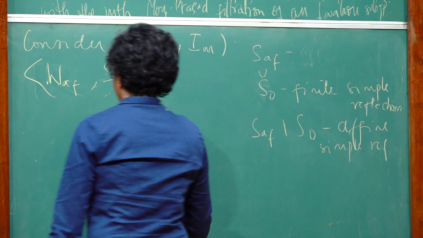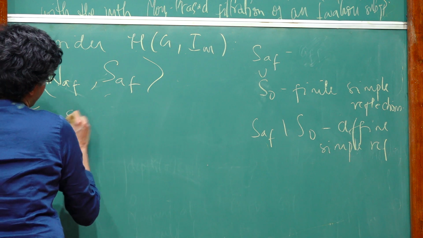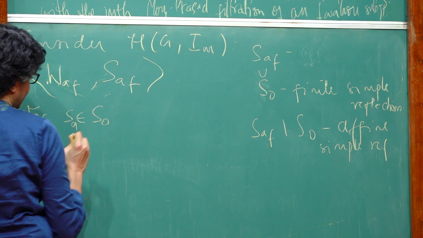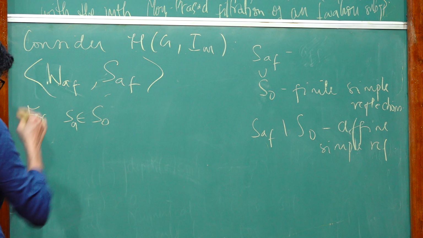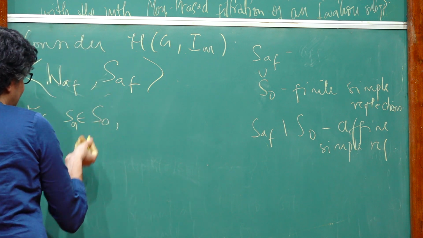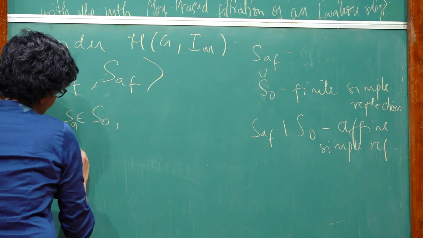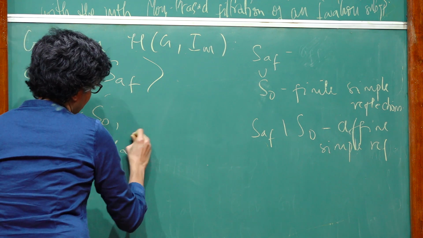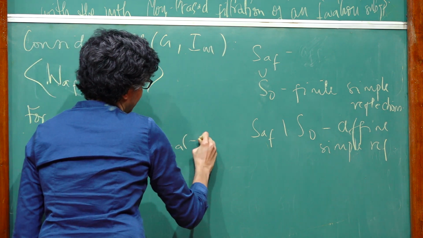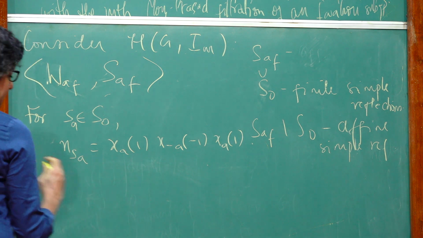Okay, so with the choice of the pinning, for S in S0, I'll write it as S_A for a finite root A. There is a standard choice of representatives once you make a choice of a pinning. So N_{S_A} is X_A(1) X_{-A}(-1) X_A(1).